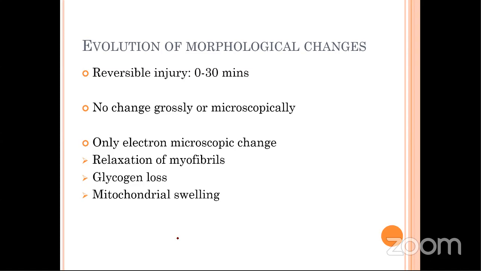The changes are relaxation of myofibrils, loss of glycogen, and mitochondrial swelling. So within 30 minutes, the injury is basically reversible, and it is not obvious by our naked eyes or by a light microscope, but only by an electron microscope. And these three are the usual findings.